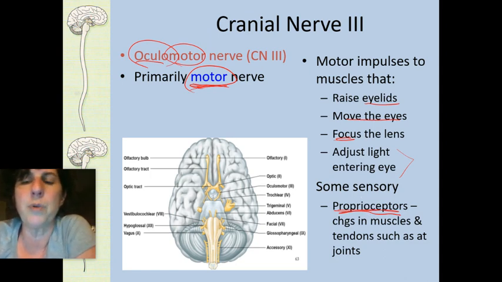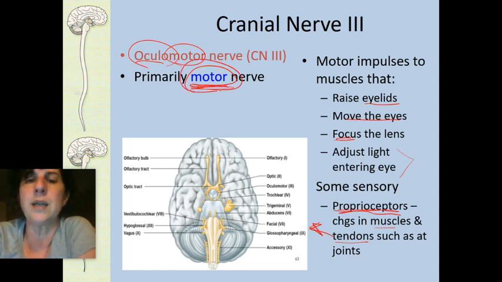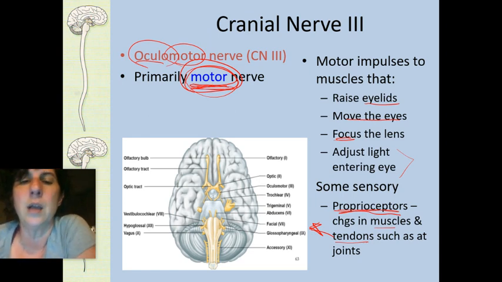This is called proprioception. So we have these little sensory receptors called proprioceptors that are constantly monitoring how tense the muscles are, how much pressure is on those muscles and tendons, and sending that back to the brain so that the brain can then make that correction or that movement that will regulate the movement, in this case of the eye.